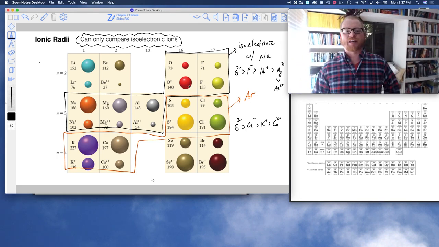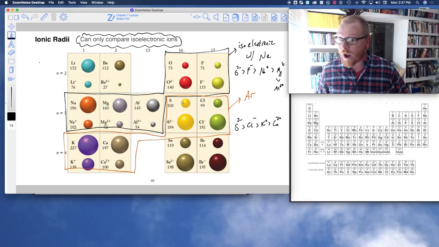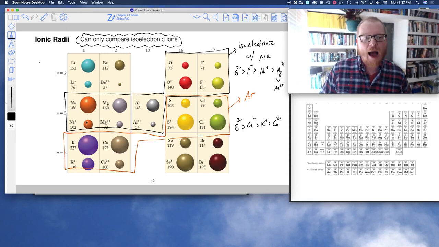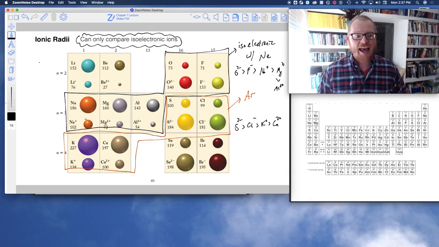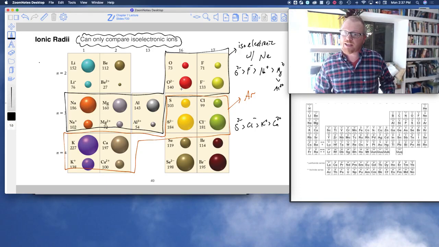Also notice that if I compare oxygen to O2 minus, the anions become quite large, which is the opposite of the cations. The cations get smaller and the anions get bigger relative to their atoms. Why is that? Because we're adding or taking away electrons.